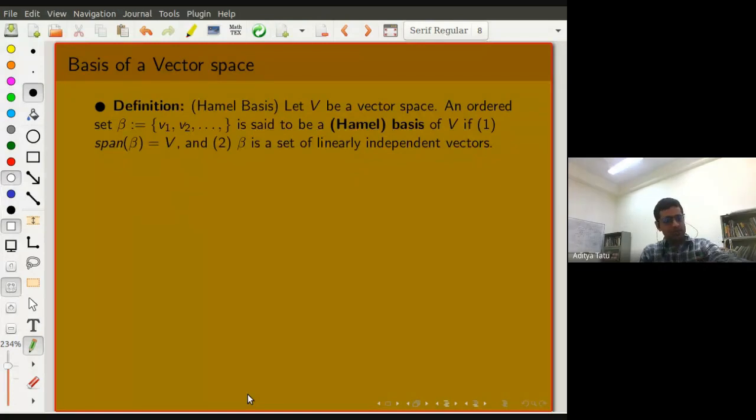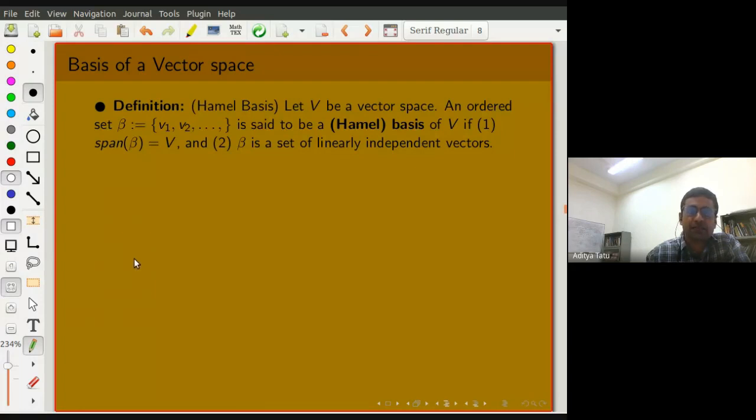So now let us define what is meant by basis. Basis is something that you have probably used earlier as well. Whenever you're doing, let's say, Cartesian geometry, you are using this concept already. But let us define it more precisely in an arbitrary vector space.